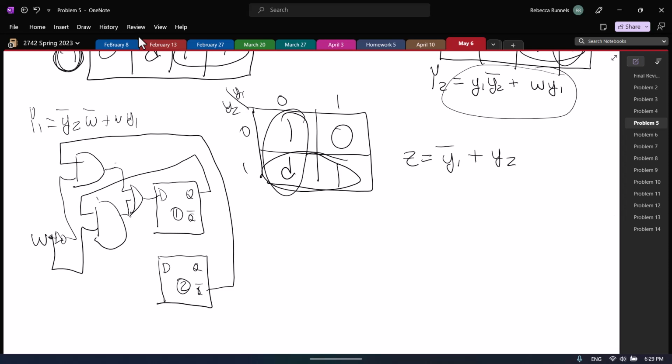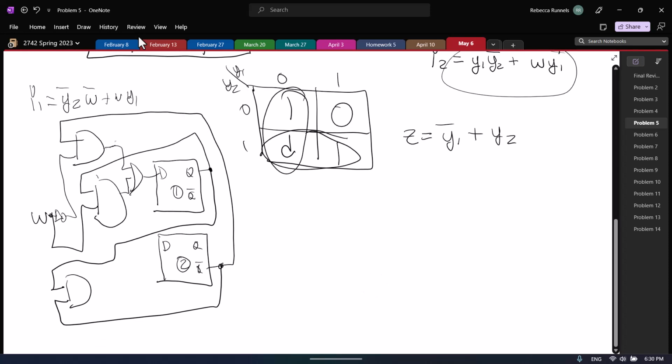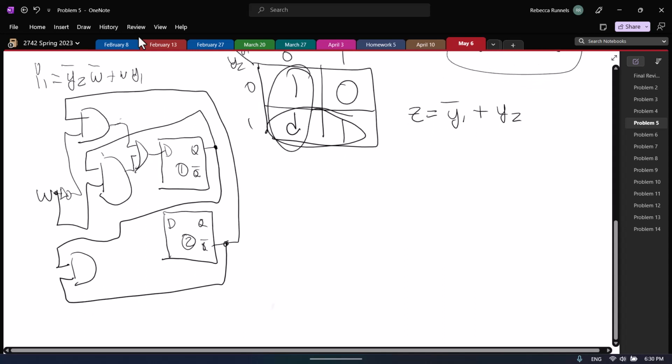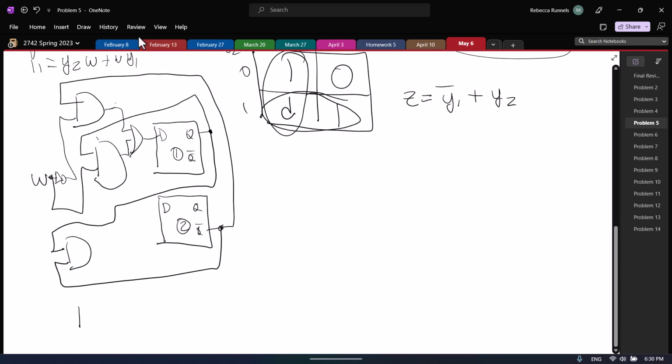Y2 is Y1 ANDed with Y2 bar. So here's Y1 ANDed with Y2 bar, and that's ORed with W and Y1. I am the messiest.